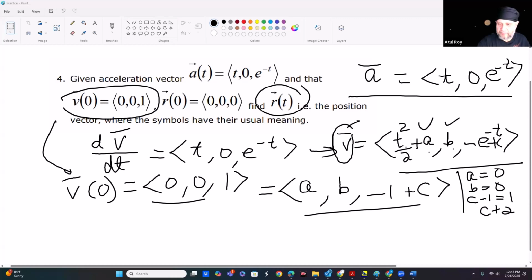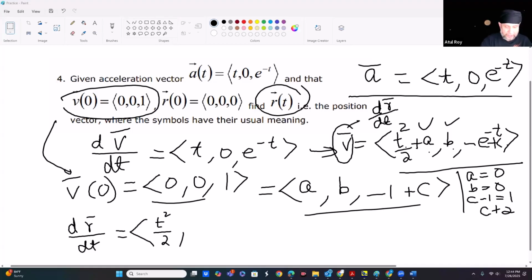But at the same time, we know that V is dr dt, right? Are we good? Okay, so this shows us that dr dt is going to be t squared over 2, and a is 0, so we just leave it, and b is 0.